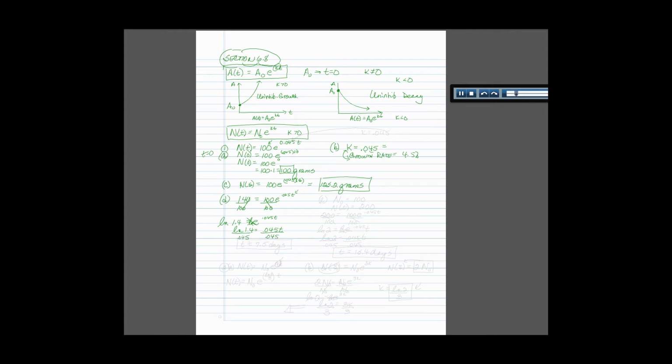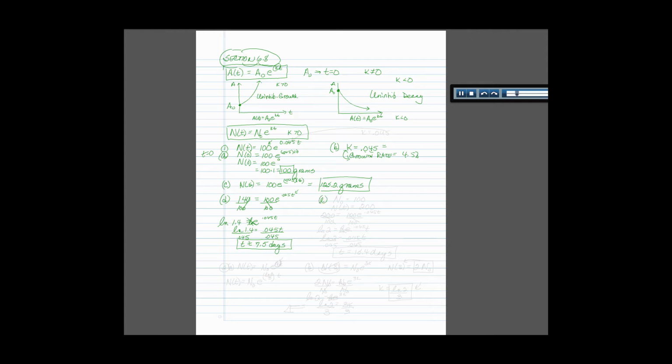So when you put it in your calculator, you're going to go ln of 1.4, enter, and then you're going to hit divided by 0.045. And you're going to get t is approximately 7.5 days. Because remember, the initial problem told us that time was measured in days. So these aren't hard at all because you can put it all in your calculator. It's just a matter of knowing how to simplify and get to what you want.